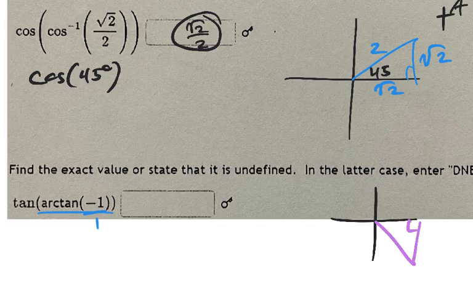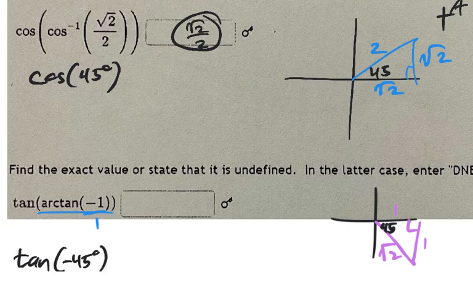Tangent is the opposite over the adjacent, which means if my opposite is 1, my adjacent is 1. This is radical 2, which means this is 45 degrees in the fourth quadrant. So I'm going to think about this as -45 degrees, right? So I'm finding tangent of -45 degrees.